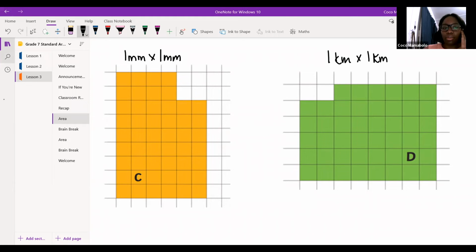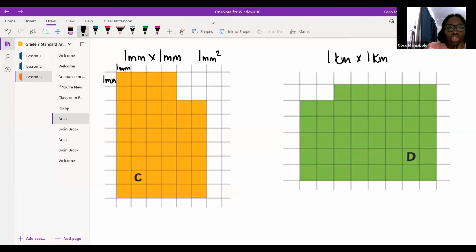Okay, Sange. Remember, if this is a square, and this side is 1 millimeter, and this side over here is also 1 millimeter, if I multiply 1 by 1, I'm just going to get 1. And I multiply millimeter by millimeter, that's going to give me millimeters squared.